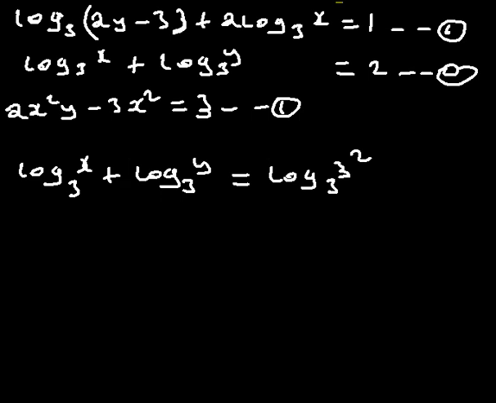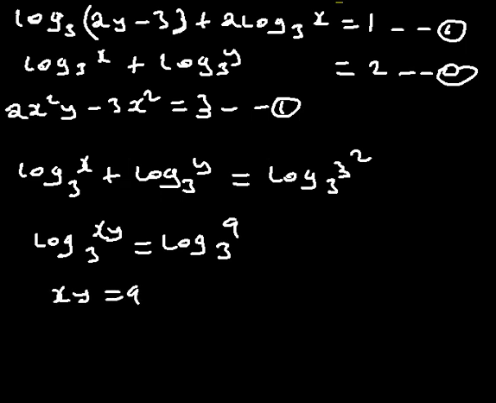Using the laws of logarithms here, we have log base 3 of xy, which is equal to log base 3 of 9. Then we have xy equal to 9. So that is the second equation.